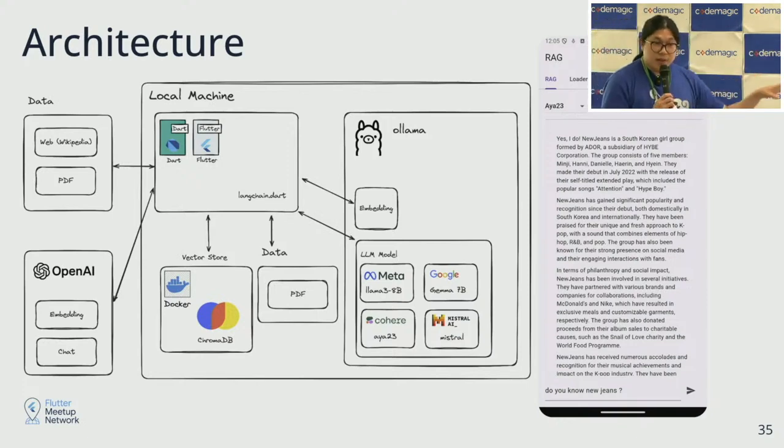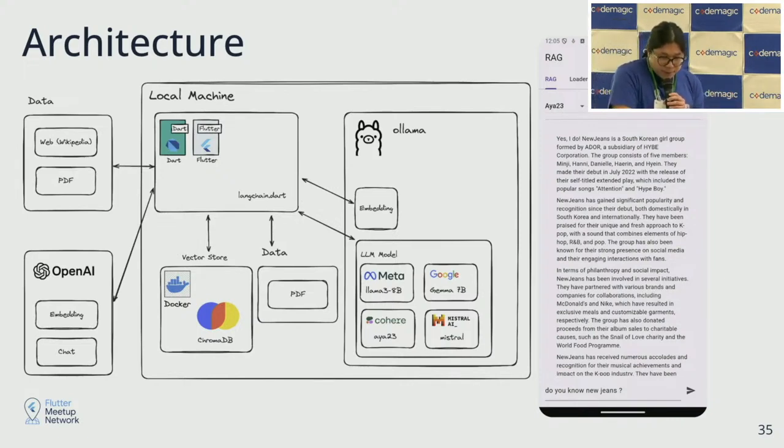Though not shown in this diagram, you can also use Apple's MLX or llama.cpp. On the left side, the data is fetched from PDF or Wikipedia. For Korean or English text embedding, I used either OpenAI text embedding or Ollama's Nomic embed text provided by Ollama. The vector store was configured using a Chroma database in a Docker container.